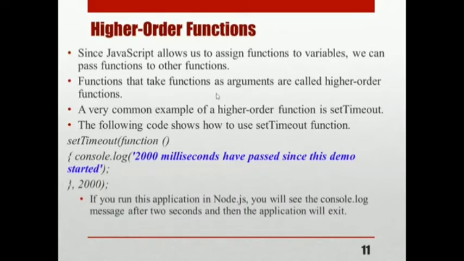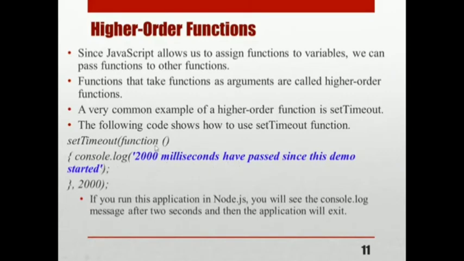A very common example of a higher order function is setTimeout. It is a predefined function, and as a parameter we pass a function. What does that function consist of? It prints console.log: 2000 milliseconds have passed since this demo started.